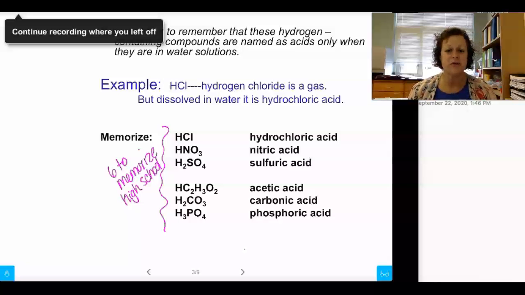I shared with you a story about one of my students last year where she bumped into acid on one of the lab benches and it burnt a hole in her pants. So you have to be careful. And it was hydrochloric acid. It was just concentrated hydrochloric acid.